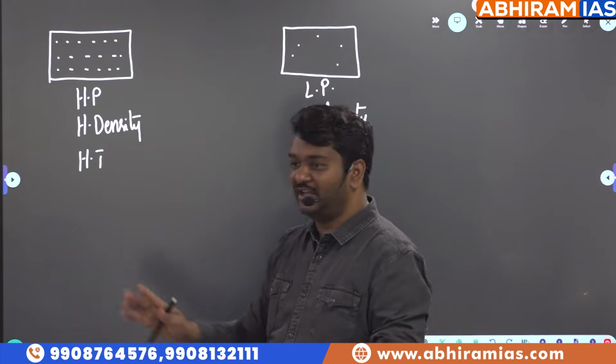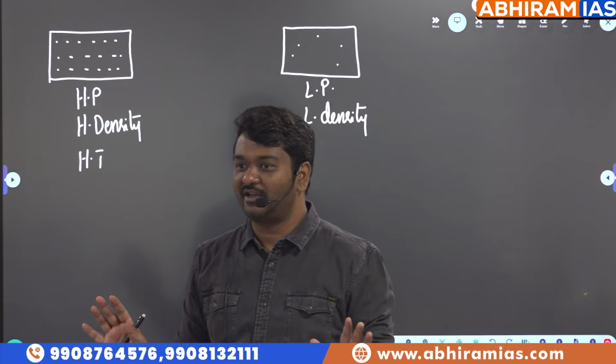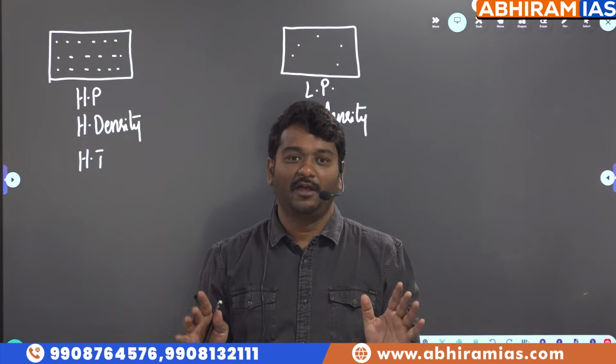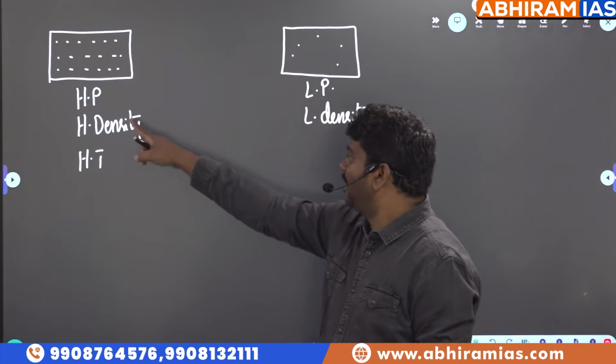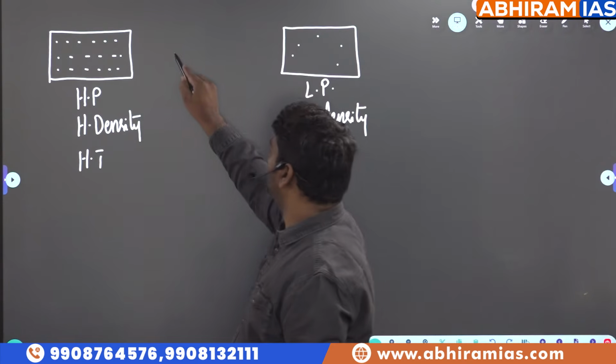What I'm trying to tell, in this classroom, if we have 500 people, will temperature increase or decrease? Increase. In a bus, if you have more number of people, will temperature increase or decrease? Increases. You see, high pressure, high temperature, low pressure, low temperature.